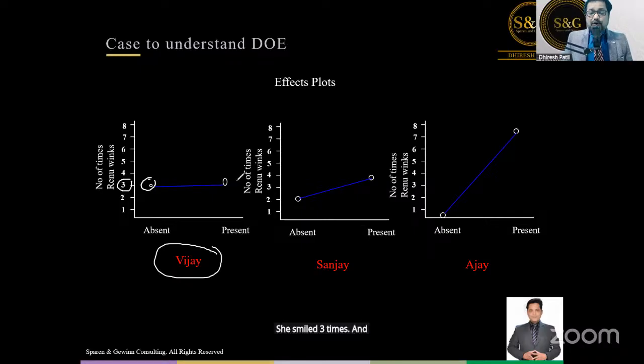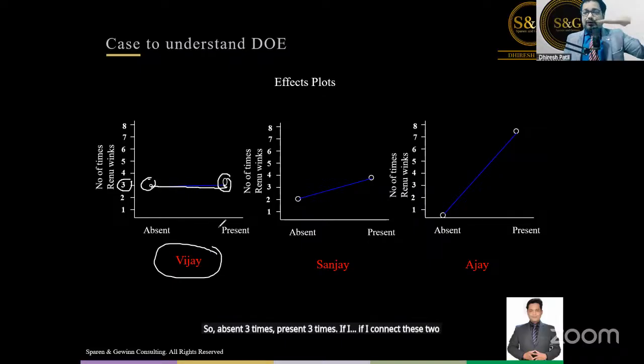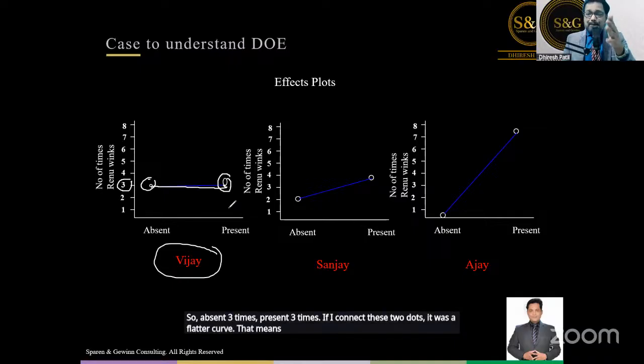And when Vijay was present, she smiled 3 times. So absent 3 times, present 3 times. If I connect these two dots, it is a flat line. That means whether Vijay is present or absent, it was not making an impact on her smile.